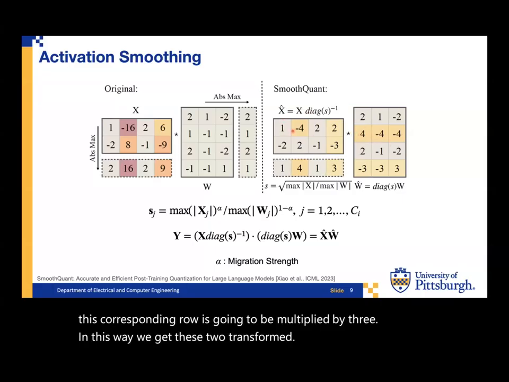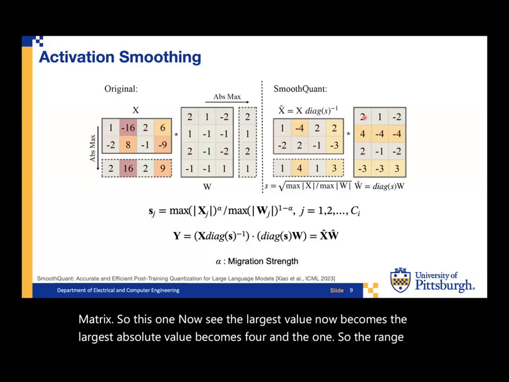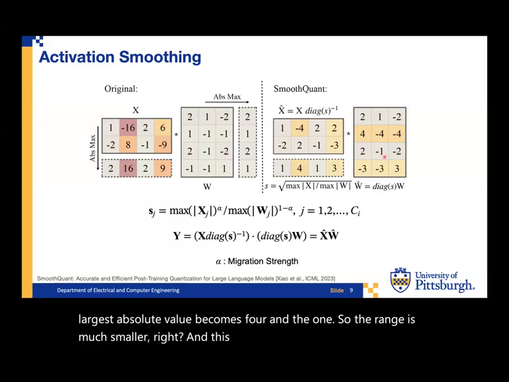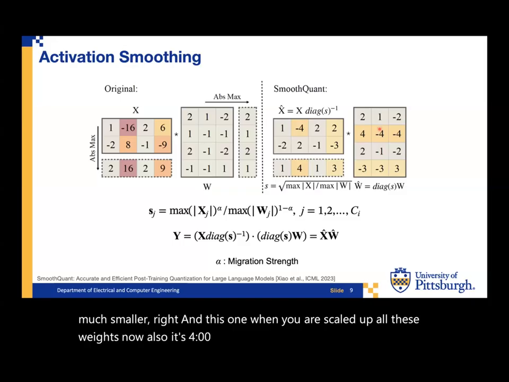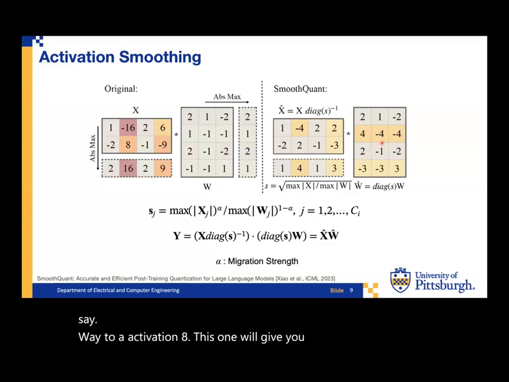So in this one, the largest absolute value now becomes 4 and 1. So the range is much smaller, right? And for this one, when you scale up all these weights, it's also 4 to 1. So they are in a similar range. Now, if you are applying, let's say, W8A8, this will give you much better quantization results.